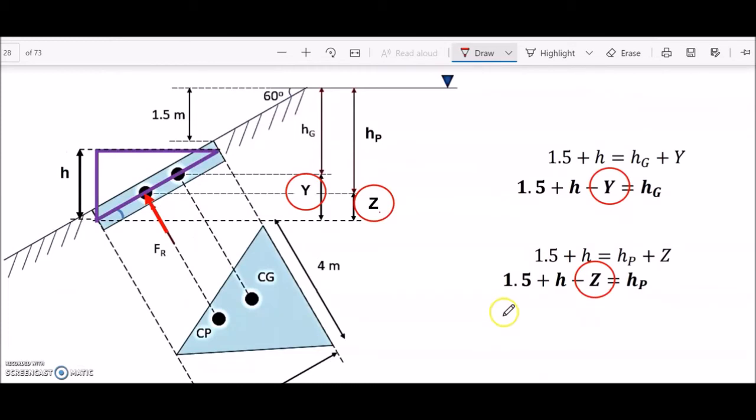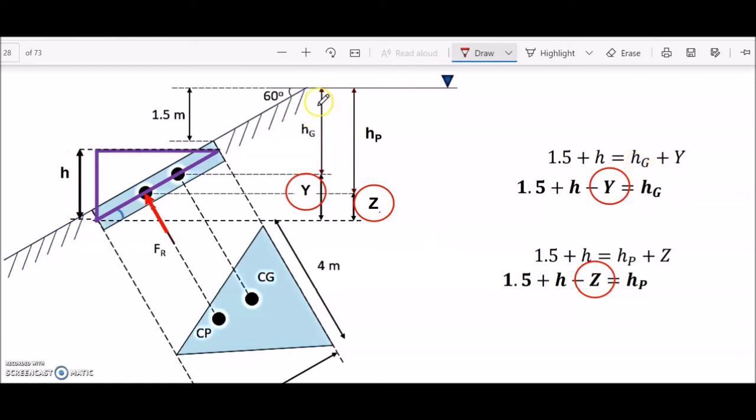So we have 1.5, it is H from the surface of water, plus h, where h is the total depth of the gate, equal to hg.